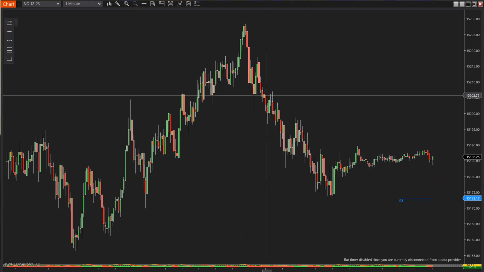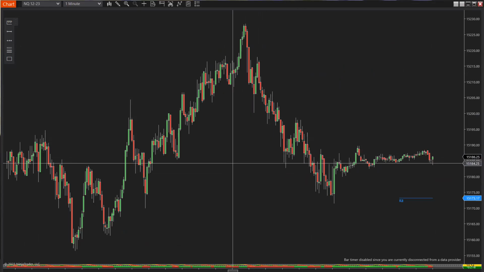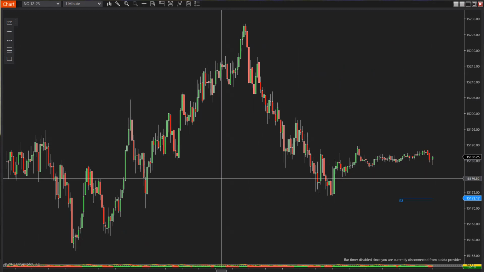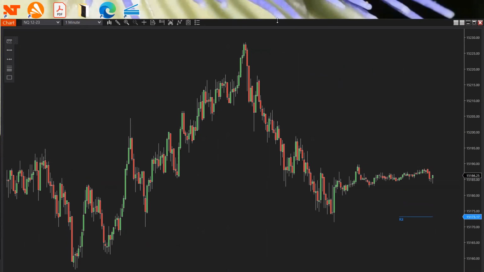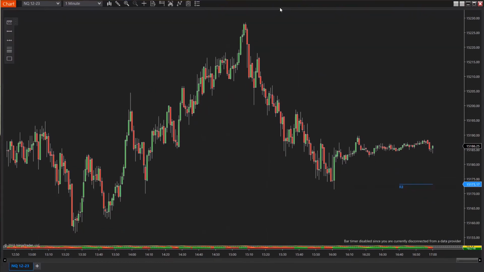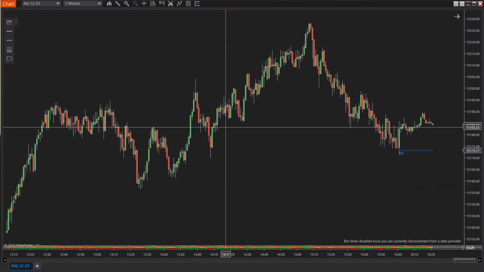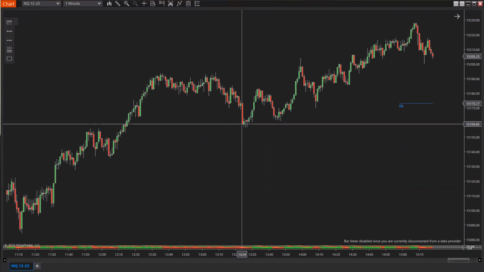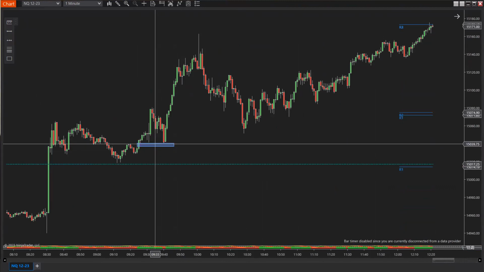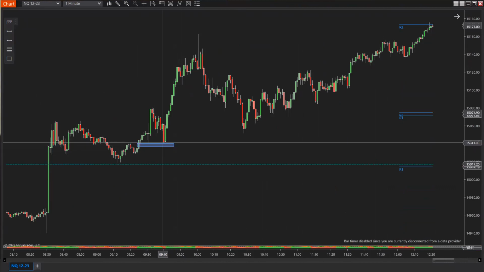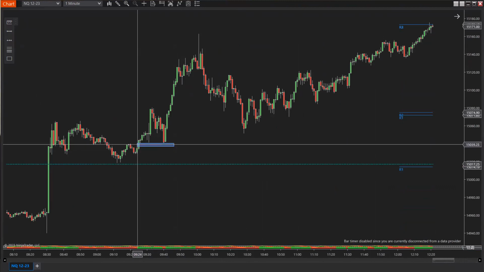Let's see a viable trade that I would have taken on this chart. Okay, here. I actually have an area marked out where a trade was taken.